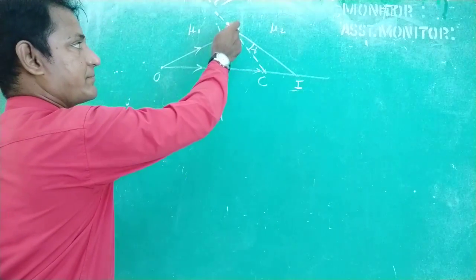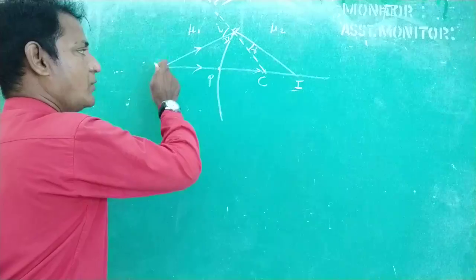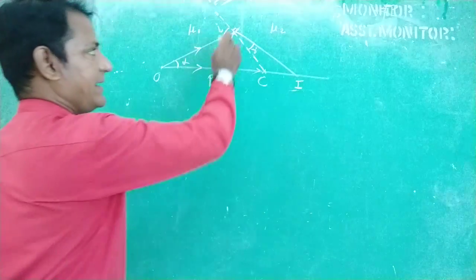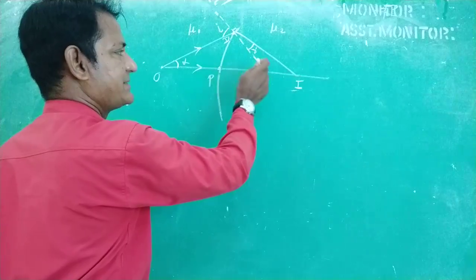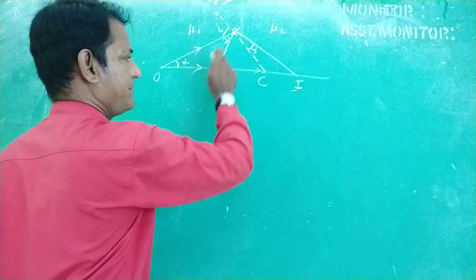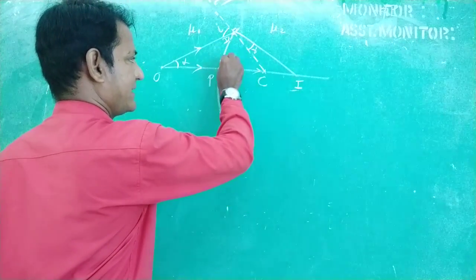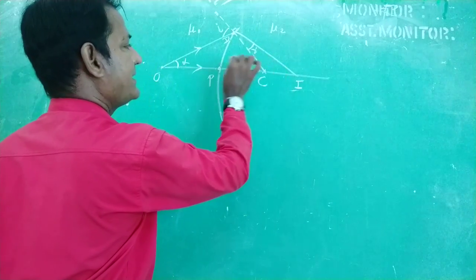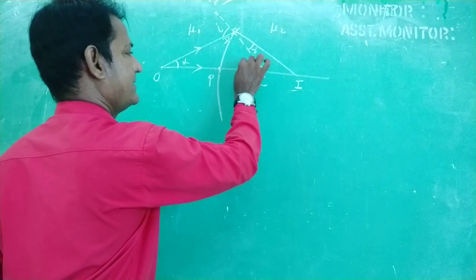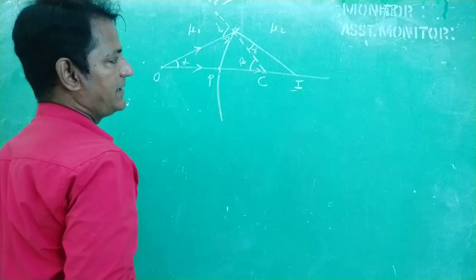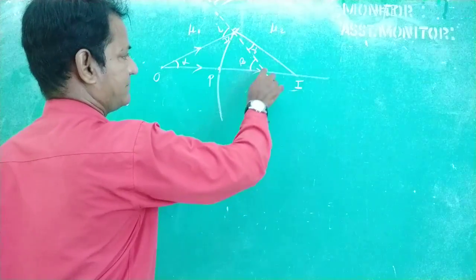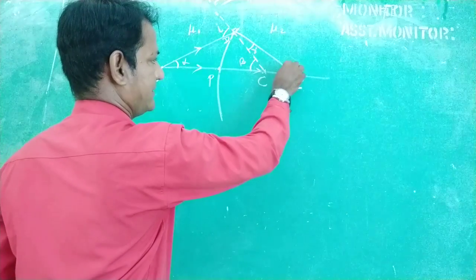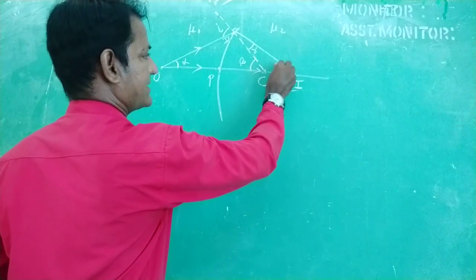Here the angle DOP is taken as alpha, the angle DCP is taken as beta, and the angle DCI, here this angle, is taken as gamma.